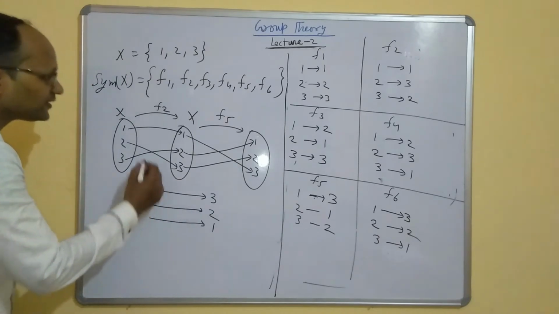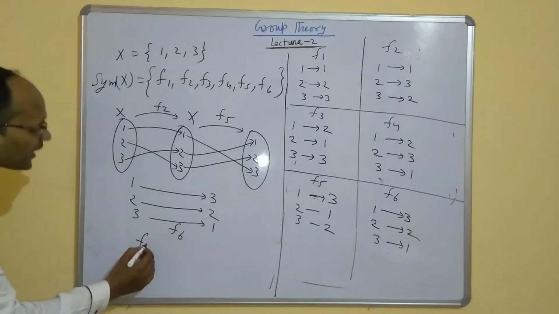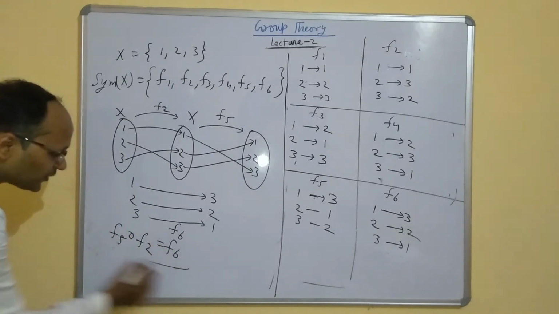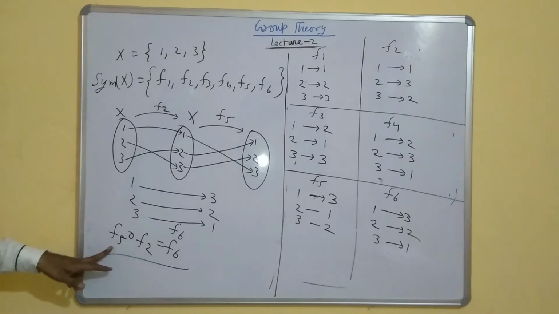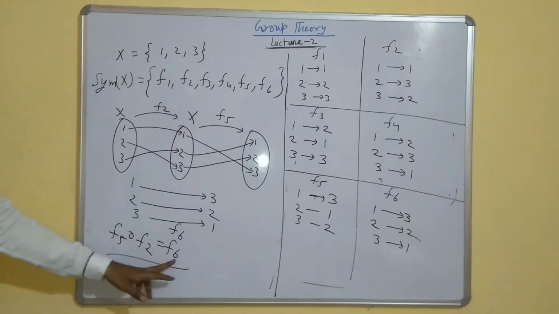So this is actually F6. So we can say that F2 composed with F5 is F6. Please keep in mind that in F2 composed with F5, F2 is first and then F5. So F2 composed with F5 is F6. So in this way composition of maps can be done.